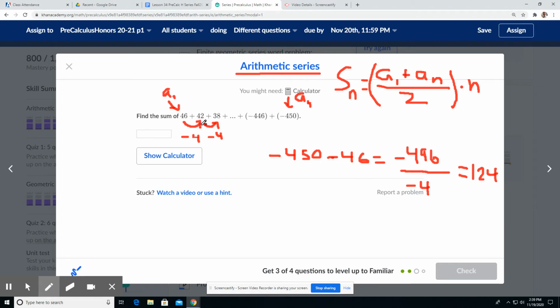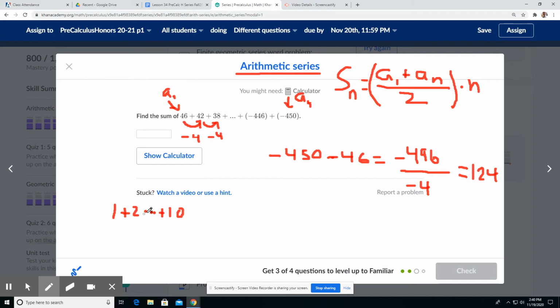So after the first term, I was trying to think of a good way to kind of explain this. So if I'm talking about going from 1, plus 2 ..., getting to 10. All right. So how many terms are right here?